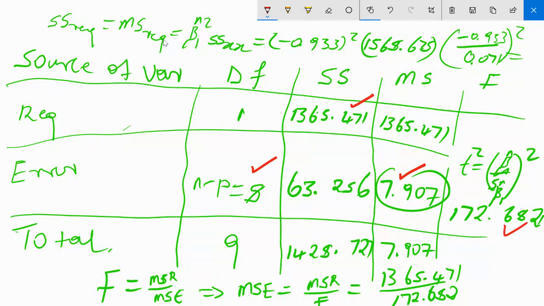And there's 1 mark for F. As I've said, the ANOVA table was having 4 marks. So you can mark your ANOVA table now. If your values are correct, then we have 4 marks from there.